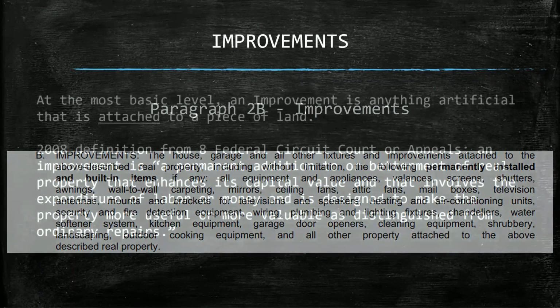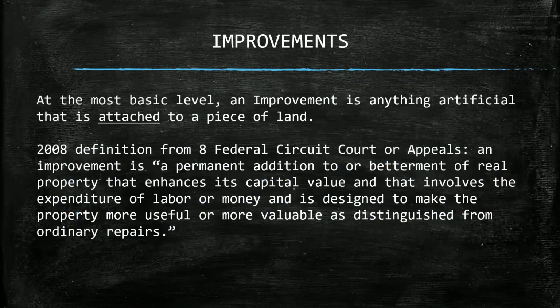What is an improvement? Well, at the most basic level, an improvement is anything artificial that is attached to a piece of land. It's kind of hard to find a one-stop definition that works in all circumstances, but here is one from 2008 from the 8th Federal Circuit Court of Appeals.